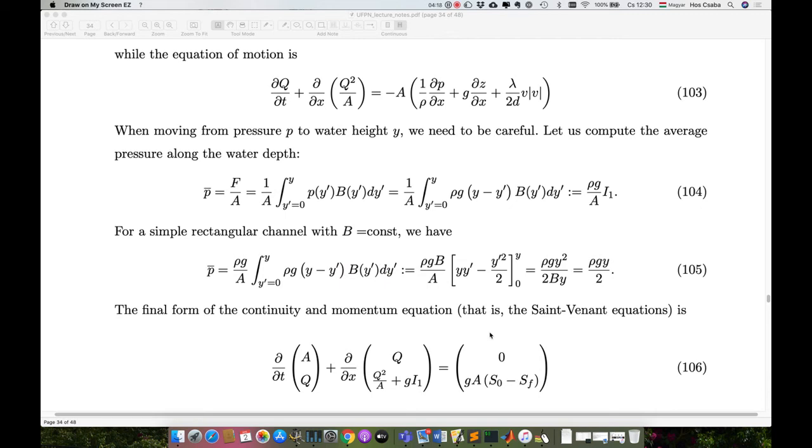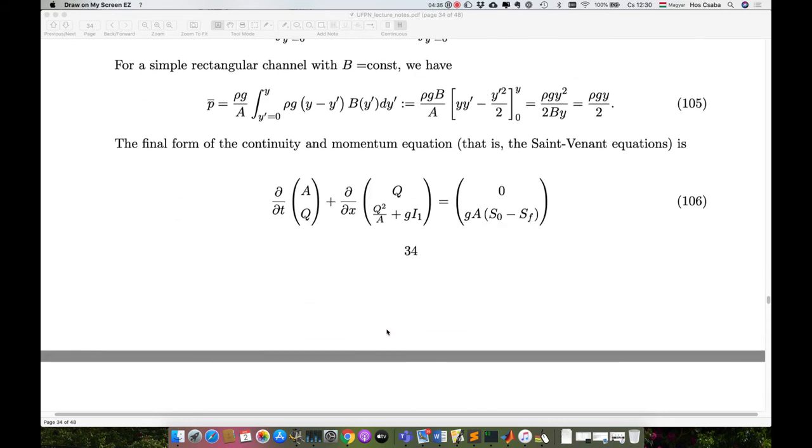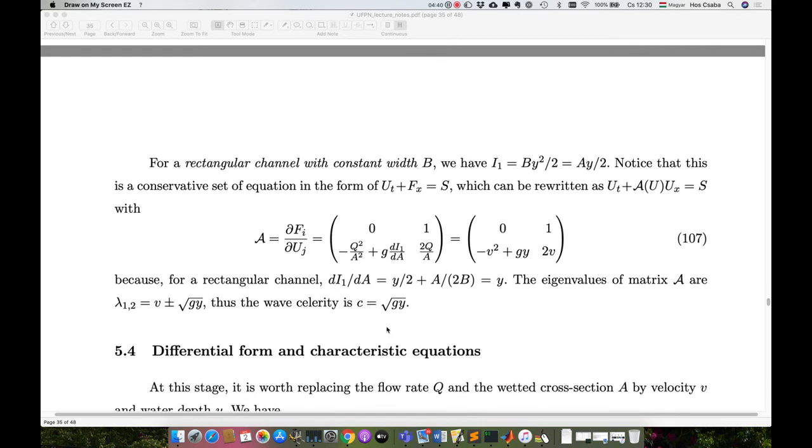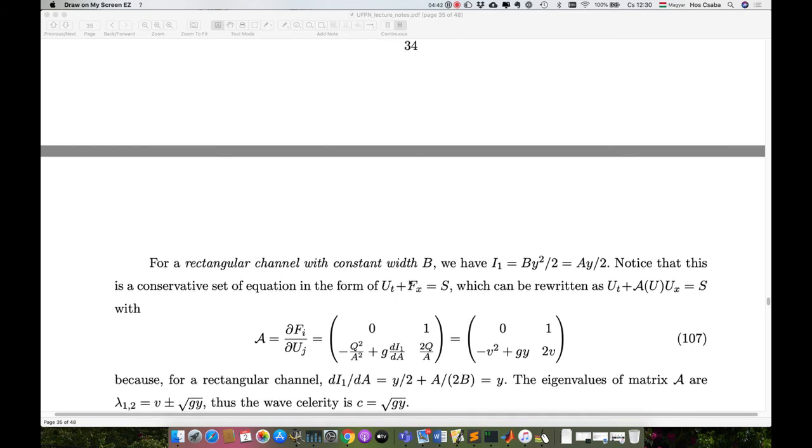Anyways, now our dynamic equations can be written as this, and these are the so-called Saint-Venant equations, very often used by civil engineers. Now what we should see is that this set of equations is again something like this: the temporal derivative of something plus the fluxes equals source terms.